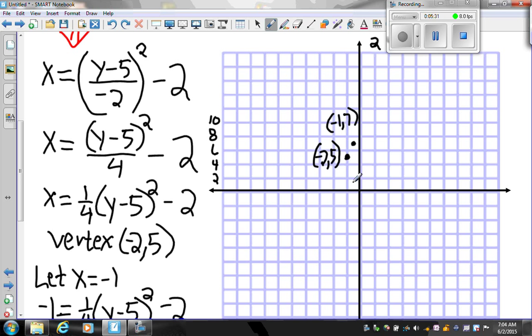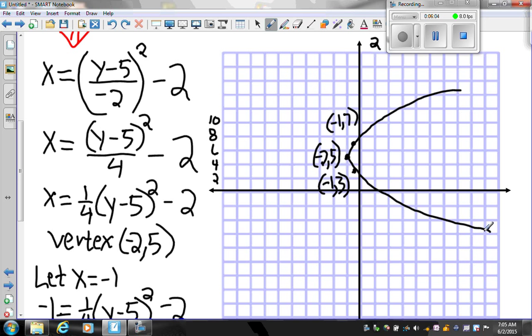So negative 1 and 2, 3. Remember, each one of our grid lines represents 2. So our parabola starts to look like that. We may have to adjust it once we find some more points on the graph, but we can do that.